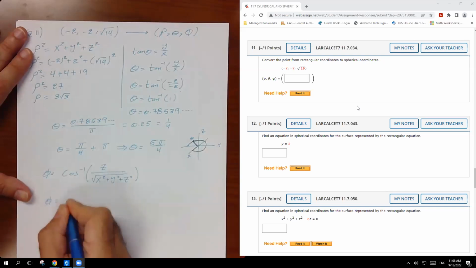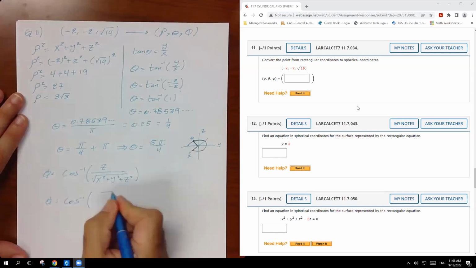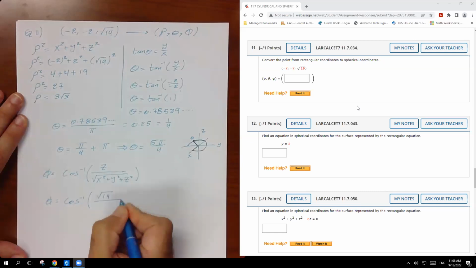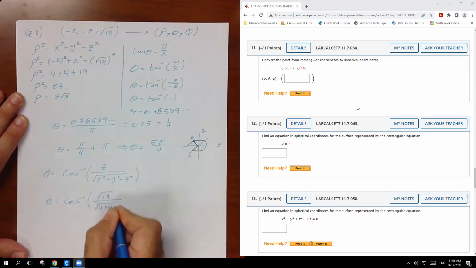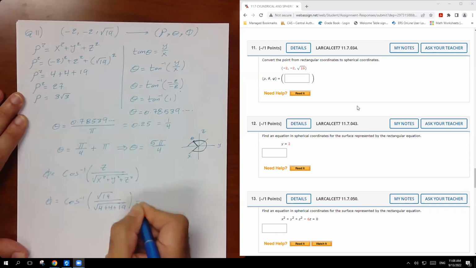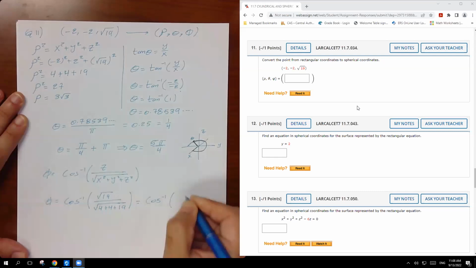Phi is going to be cosine inverse of square root of 19 divided by square root of 4 plus 4 plus 19, which is equal to cosine inverse square root of 19 divided by square root of 27.